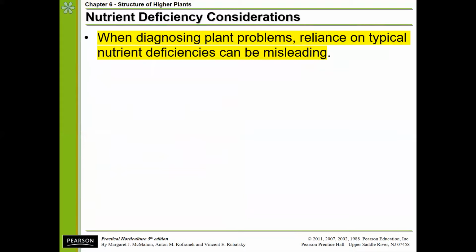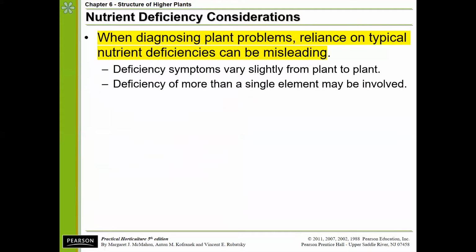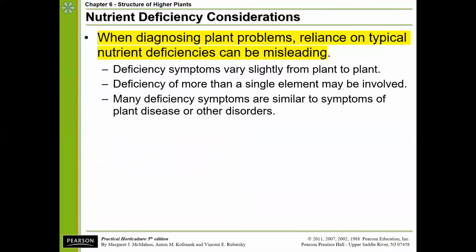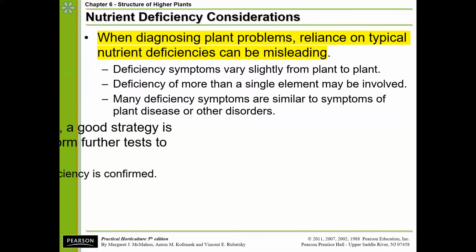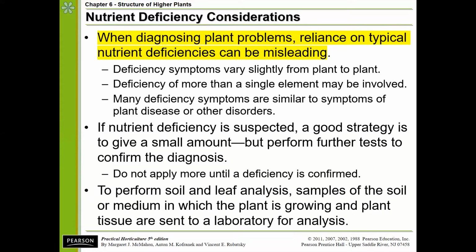Again, when you're looking at plant problems, you've got to look at multiple measures. You have to look at all kinds of different things, really, because of the compounding issues of deficiencies and imbalances of nutrients and how they act together.